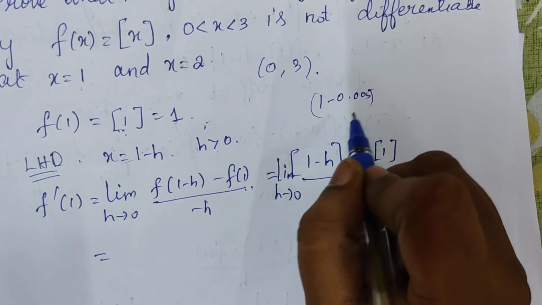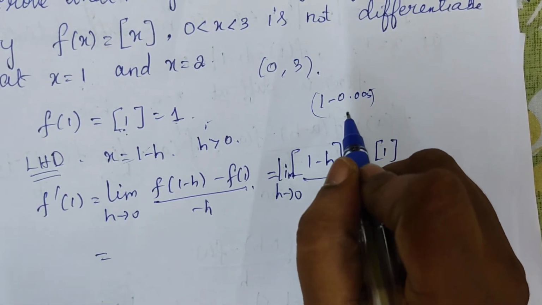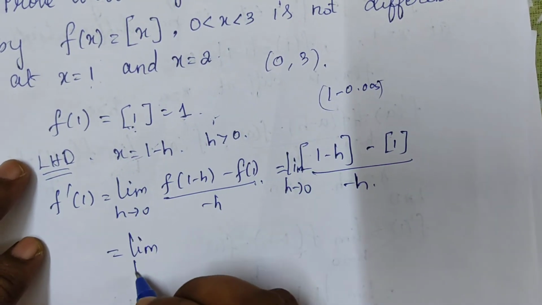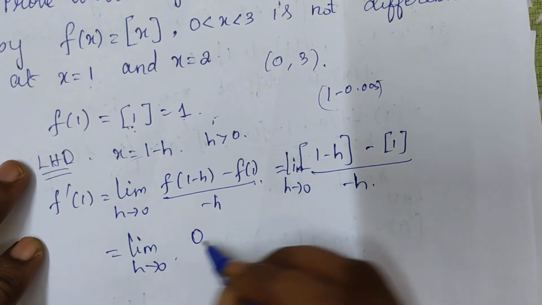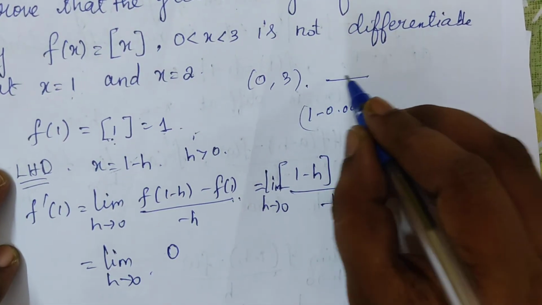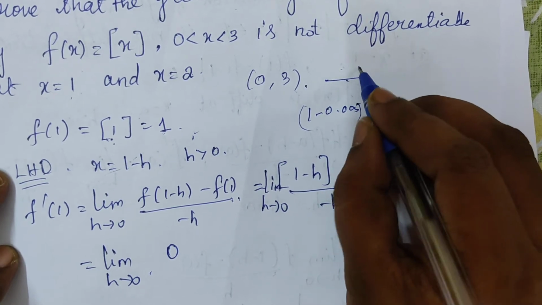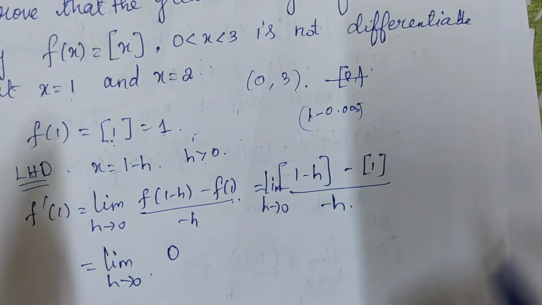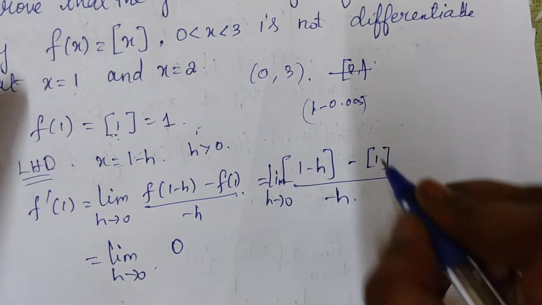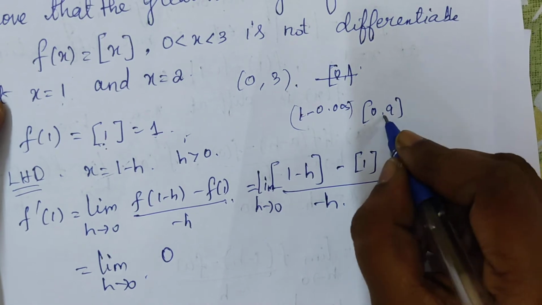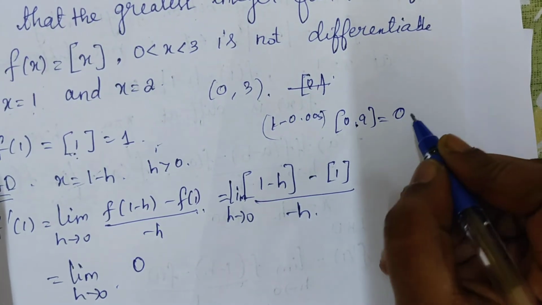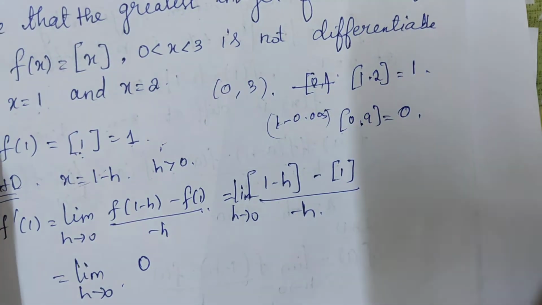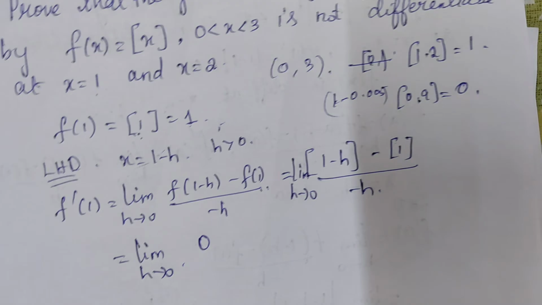So the greatest integer less than that value will be 0, because values of x in the interval 0 to 1 have greatest integer value 0. Suppose 0.9, its value will be 0. Suppose 1.2, its value will be 1, according to the definition of the greatest integer function.